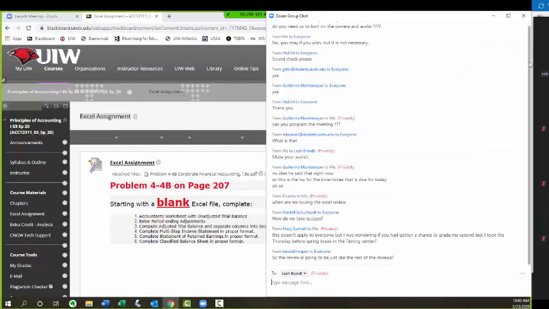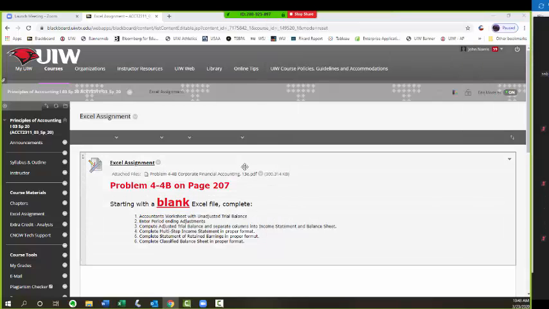I have given you a PDF of that. So you just download this PDF, go to a blank Excel spreadsheet, and solve that problem. It's an accountant's worksheet with period-ending adjustments; do an adjusted trial balance, and then the multi-step income statement, statement of retained earnings, and classified balance sheet.